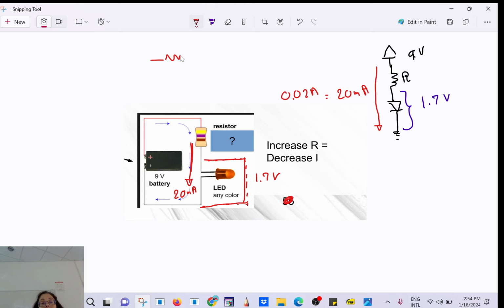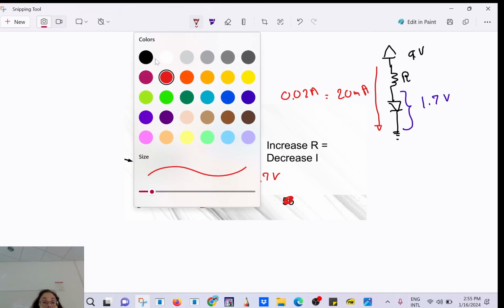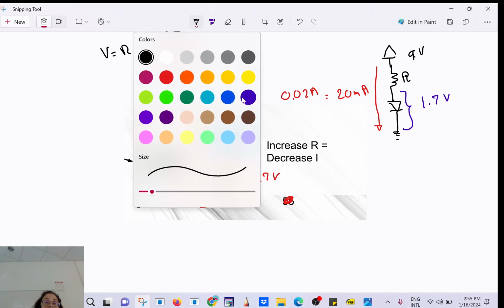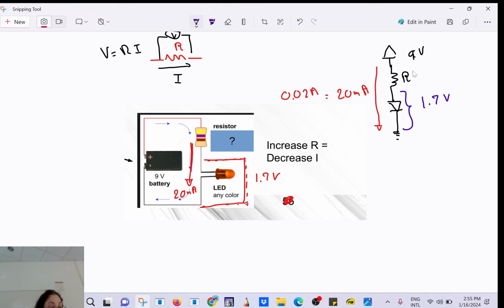R is a resistor, so that means it obeys Ohm's law. It means that you have a relationship between the current going through it and the voltage drop across it, so you have V equals Ri. Can you talk to each other? How do we do that?